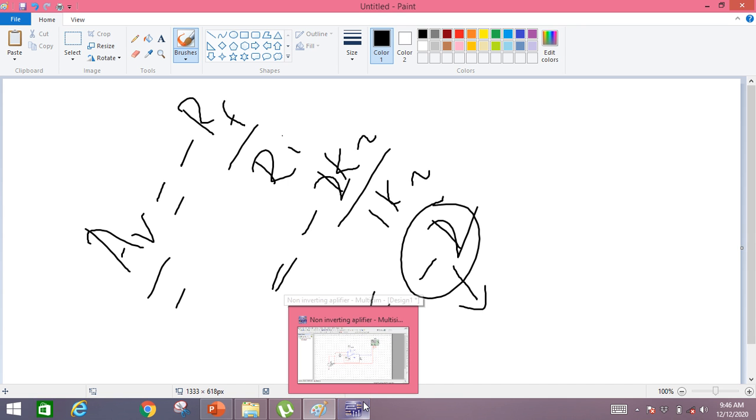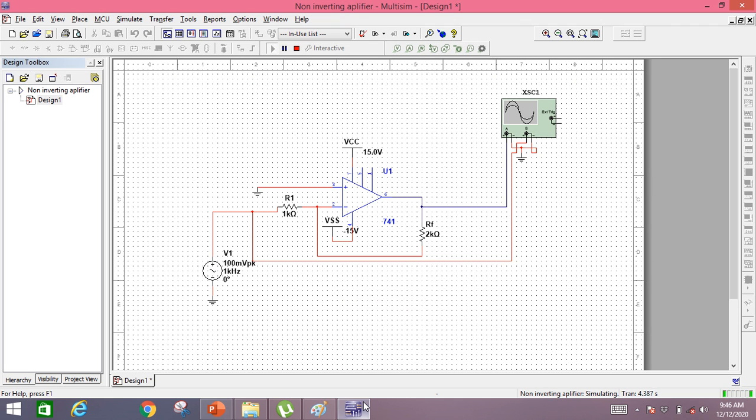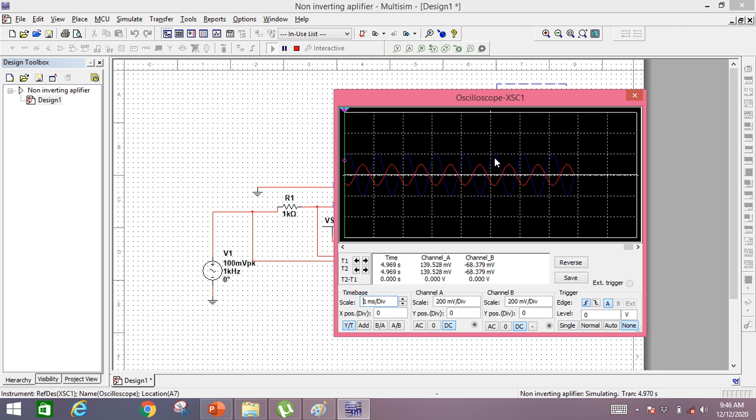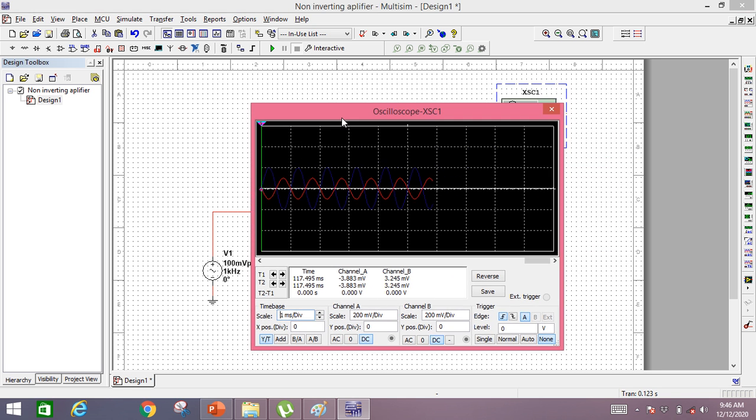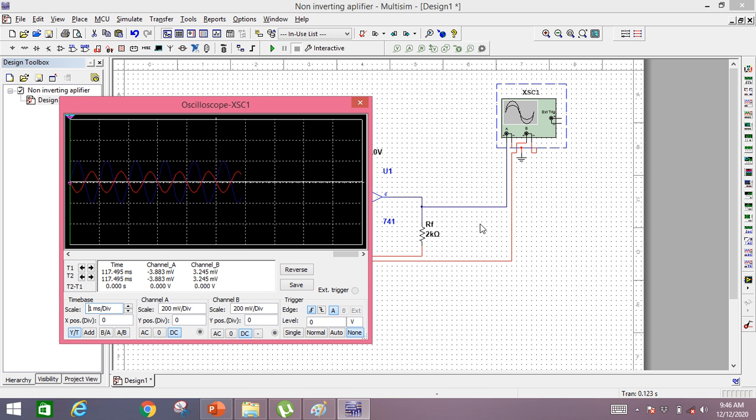So the output voltage will be 2 times the input voltage, because the blue signal actually indicates the output voltage.